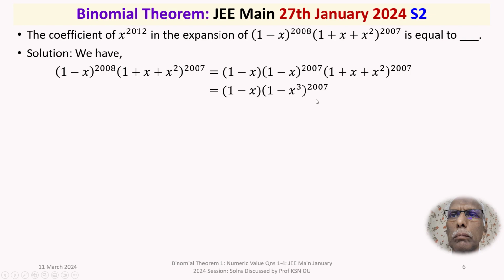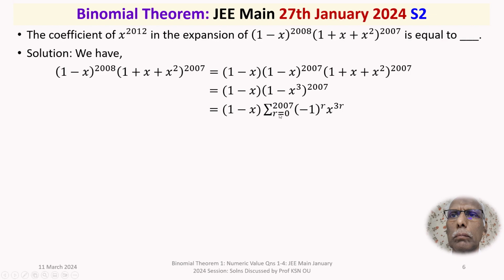Right. So, for this (1 minus x cube) to the power of 2007, we write down its binomial expansion. How do we write the binomial expansion?